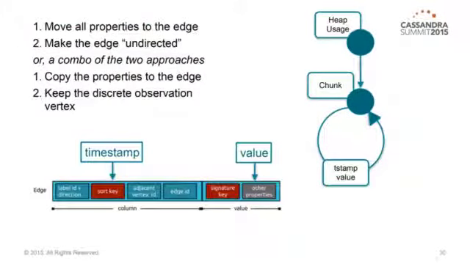Okay, so one thing that we can do is move all those observation properties up to the edge. So maybe we still leave them on the observation, but we also move them up to the edge. So then what we can do is have Titan just perform an edge query, retrieve those edges in a similar manner as if you were performing that query with, say, CQL, where it's just looking at a single partition, or maybe if you cross partitions, maybe 2 or 3, depending on how much data you're retrieving.